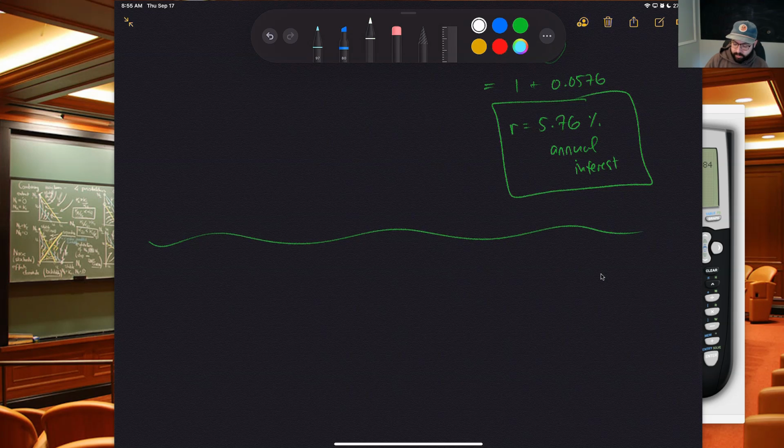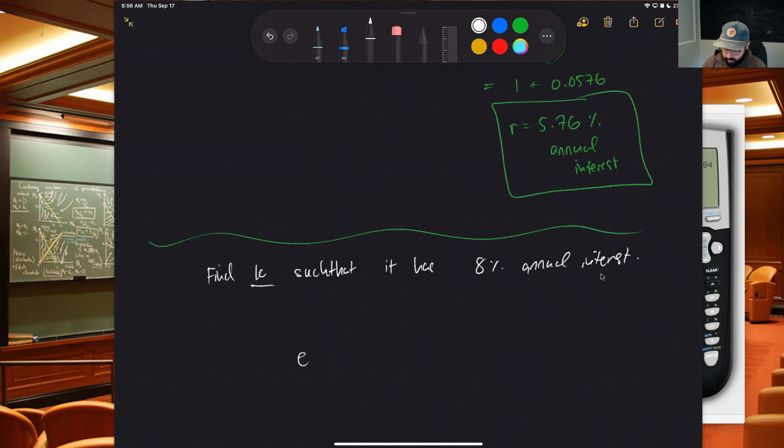So in other words, if I was to say, find the k such that it has 8% annual interest. So find k, what is the continuous growth rate that gets us 1.08?